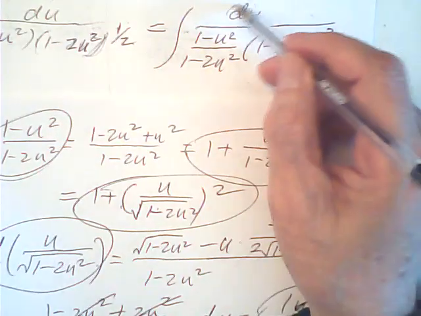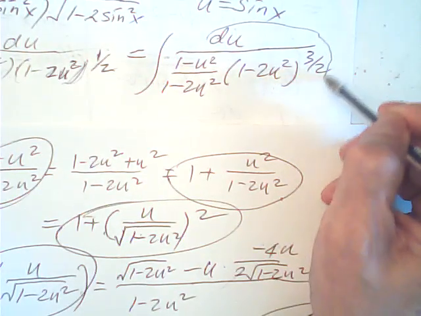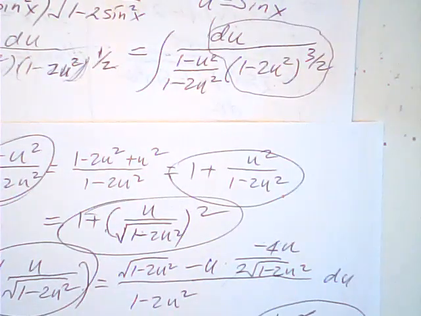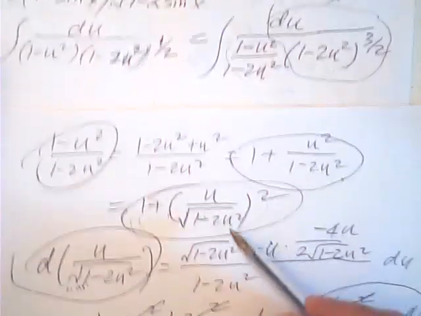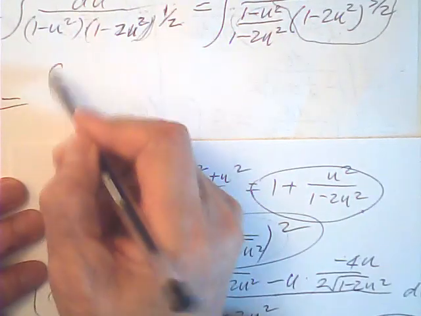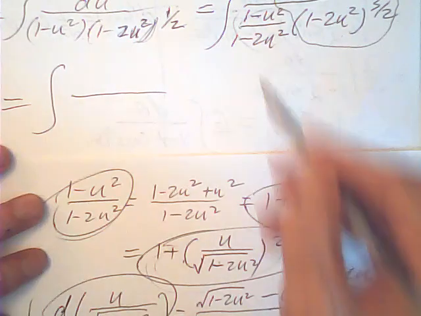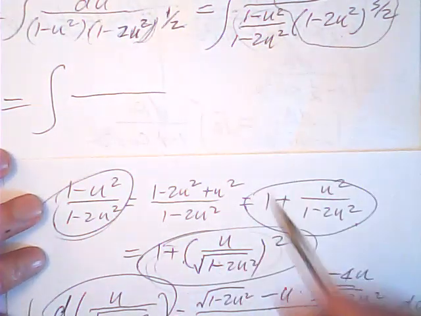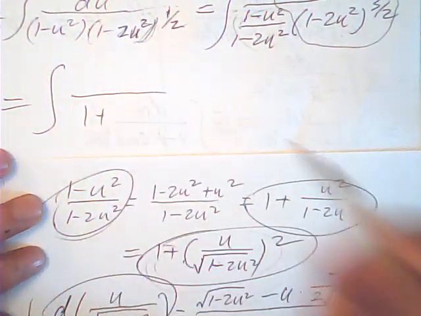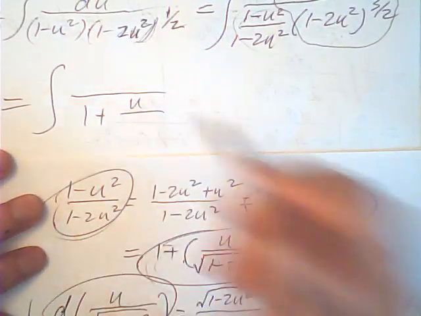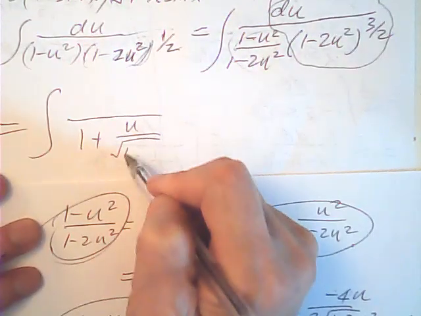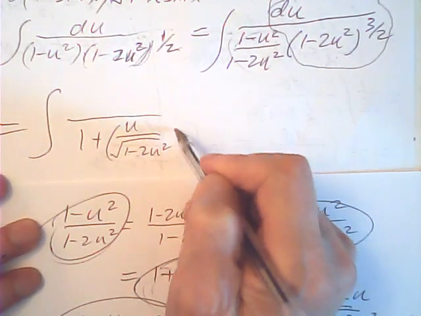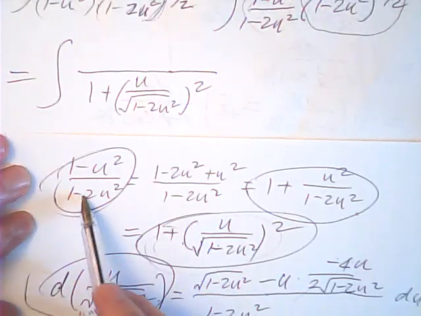So in other words, this one is equal to this. And that one is equal to this. So it becomes the integral of 1 plus u over this, minus 2u square, right? This is this.